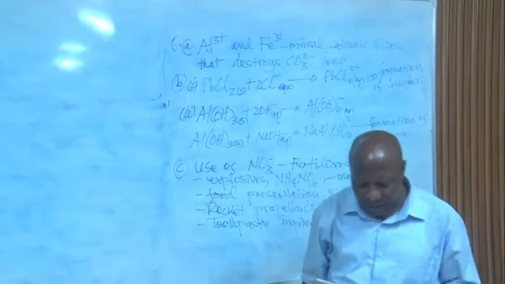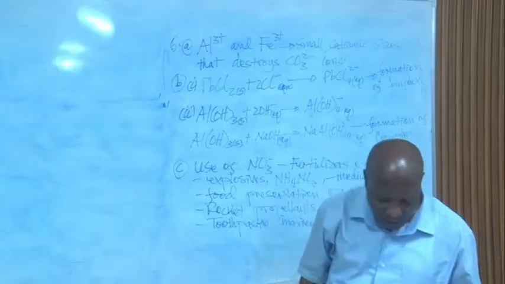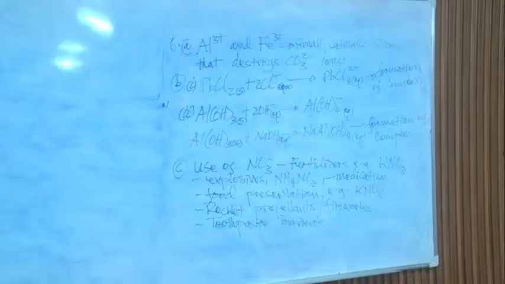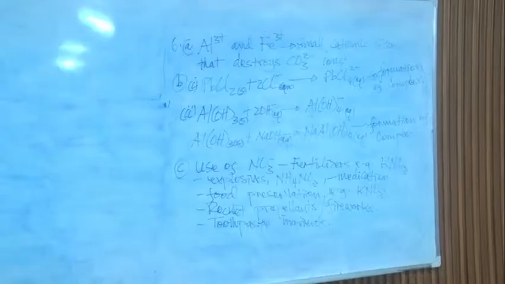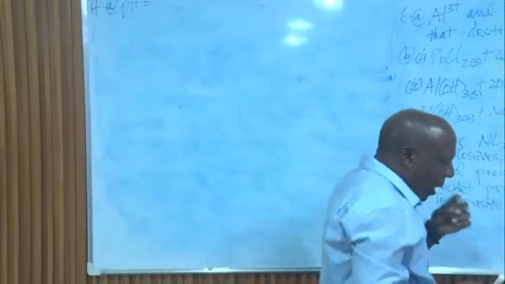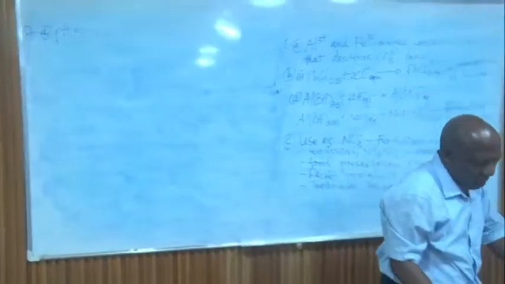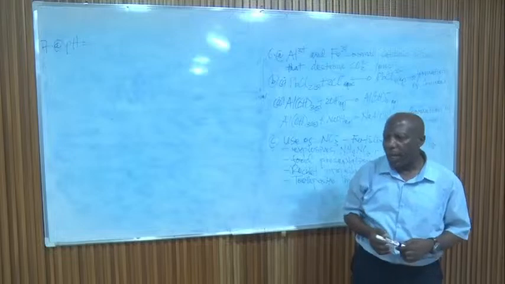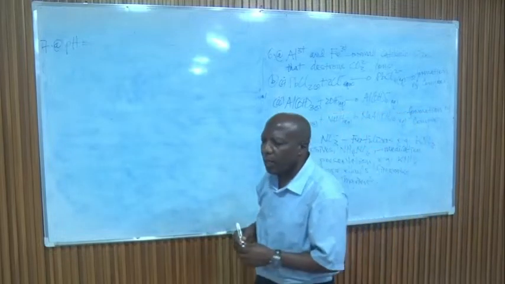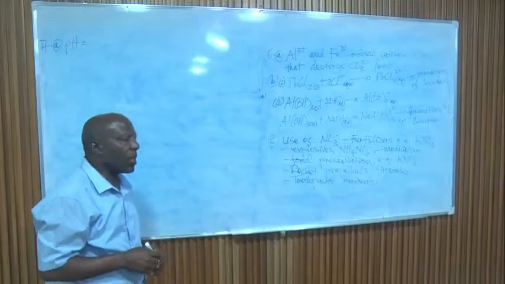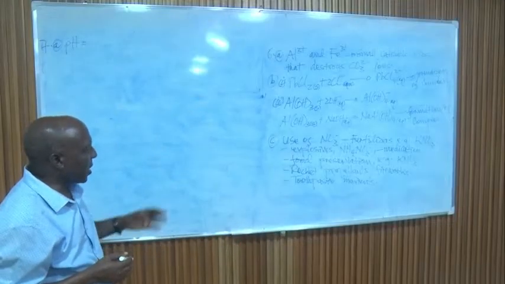Now, question number 7a: explain the significance of soil pH, the importance, the role played by soil pH. Why is soil pH important? The availability of plant nutrients is determined by several factors, but one of the factors is the soil pH. Because the soil has two parts.